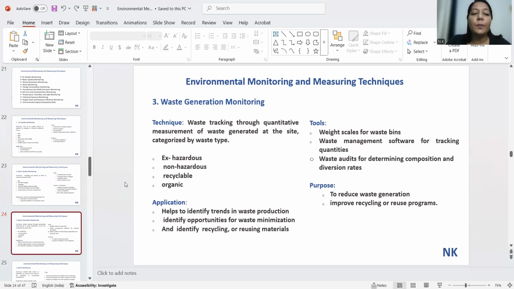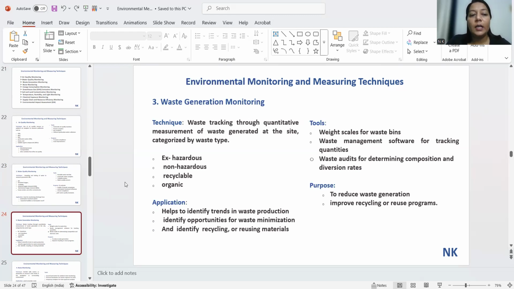In the application part, it helps to identify trends in waste production and identify opportunities for waste minimization, recycling, or reusing materials.